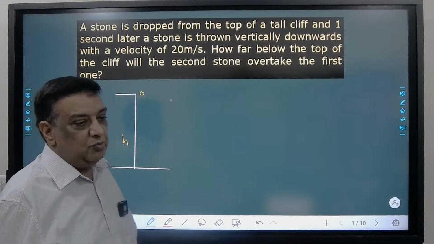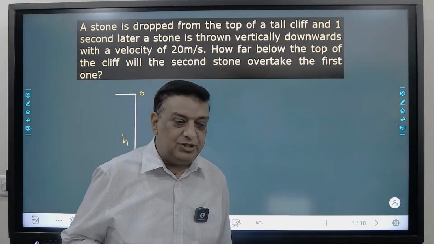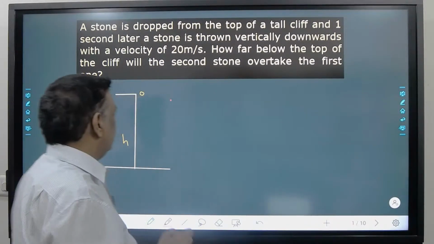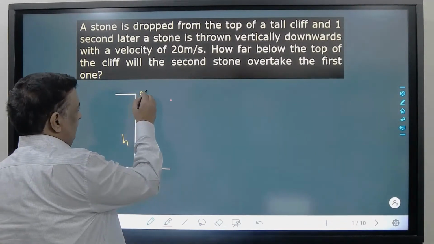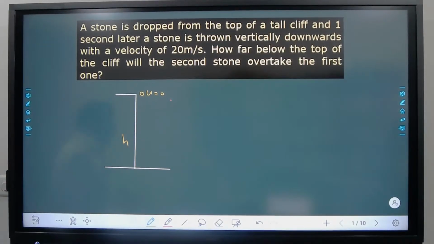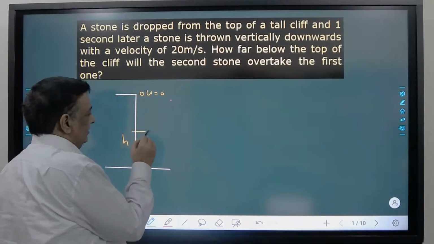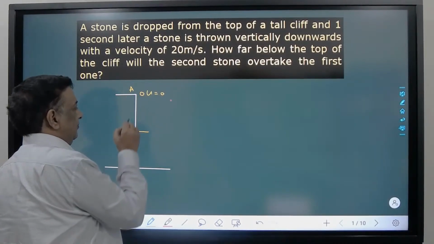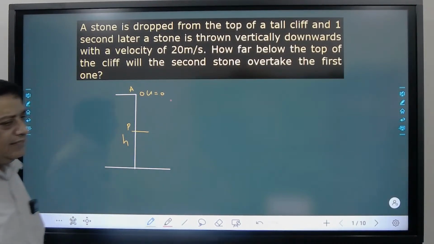When we are given that a body is dropped, that means initial velocity of the body is zero. So you would drop a body from this point and it travels up to this point. Say it travels from A to B, a certain distance h.